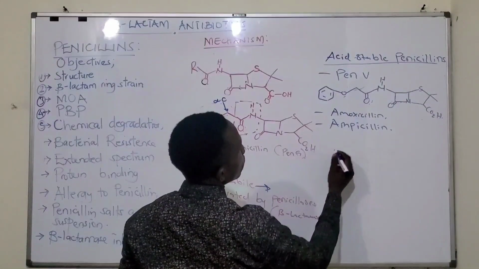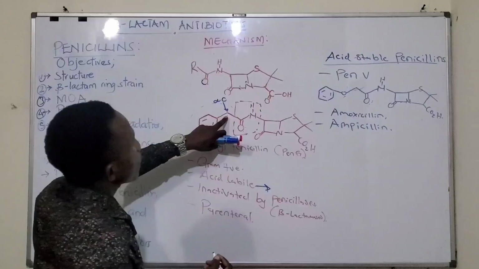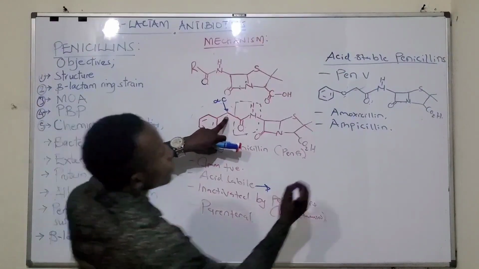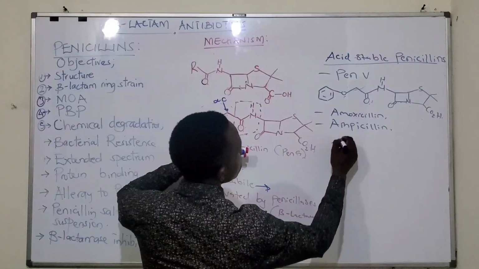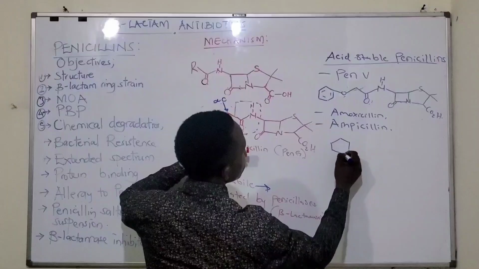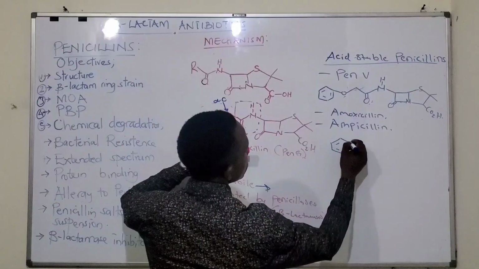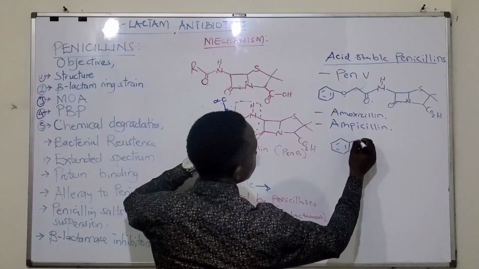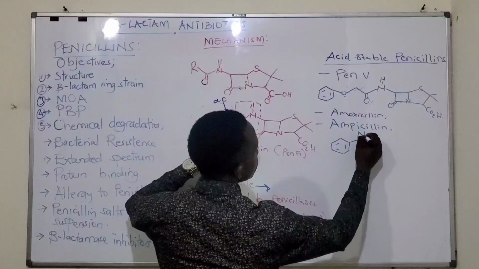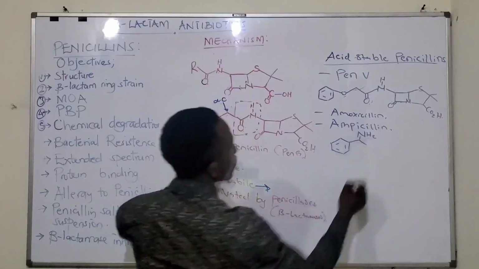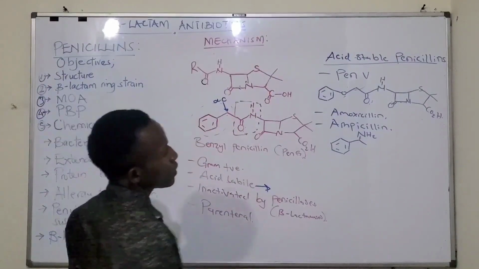So in ampicillin, here at the alpha carbon of pen G, there is an amine group.